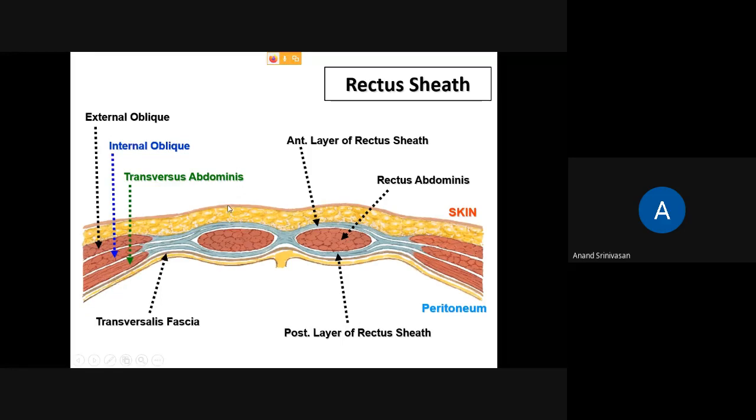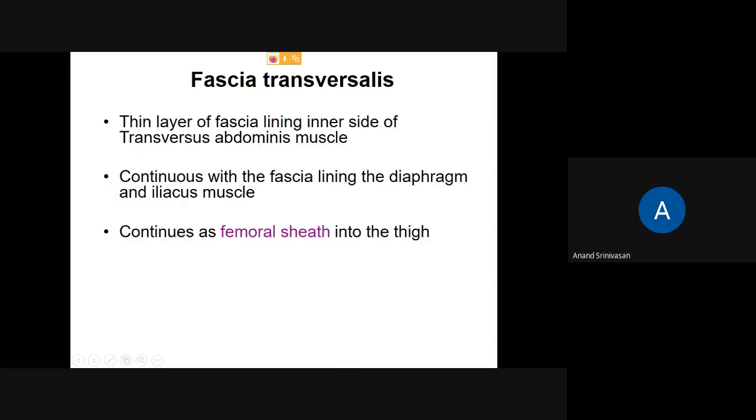If I make a paramedian incision, that is not lateral, not medial: skin, superficial fascia, anterior rectus sheath, rectus abdominis, posterior rectus sheath, fascia transversalis, and peritoneum. All right. So this is the end of the anterior rectus sheath.